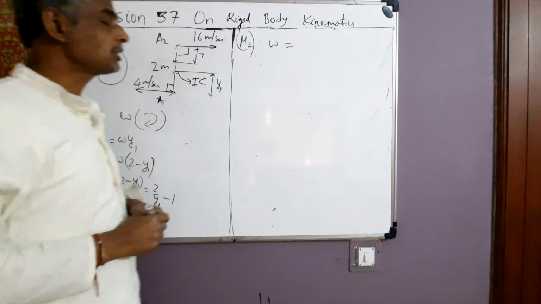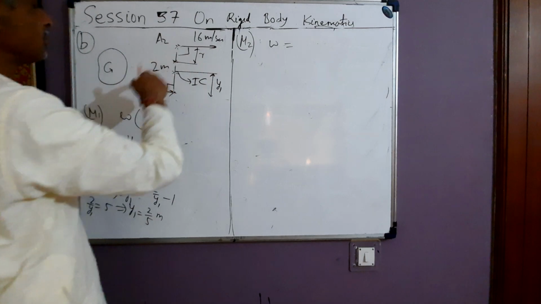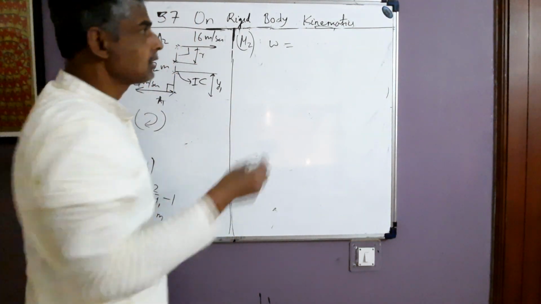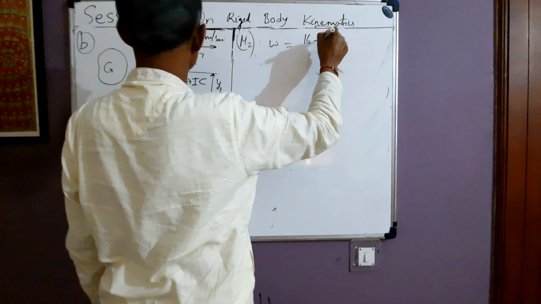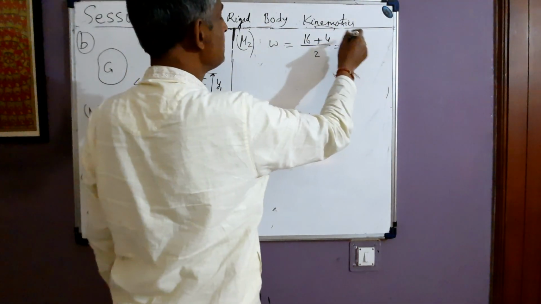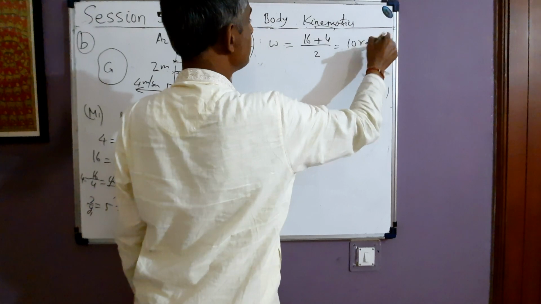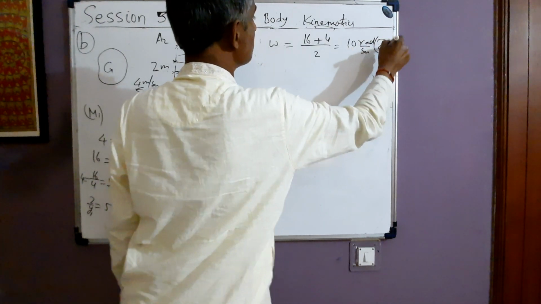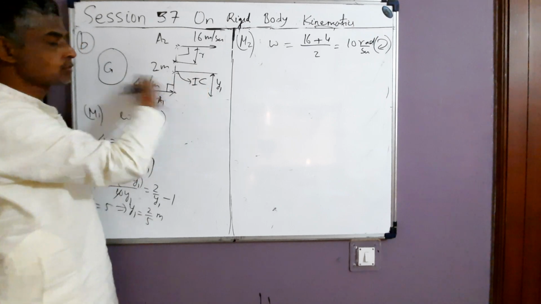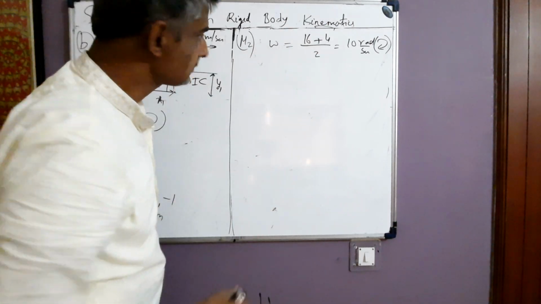They are in opposite directions, so from the theory of relative velocity between 2 points, relative speed becomes 16 plus 4, upon length of rod, which is 2. So 20 by 2 is equal to 10 radian per second. And the sense of this is clockwise, because A2 is going rightward and A1 is going leftward. So omega has a clockwise sense.